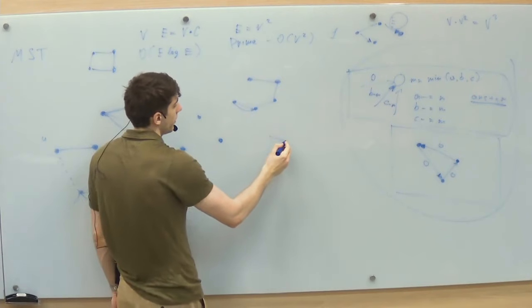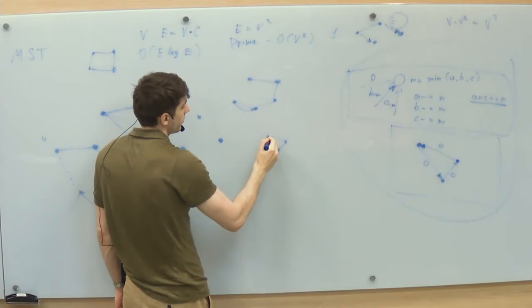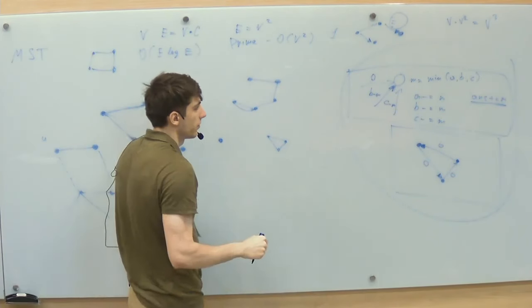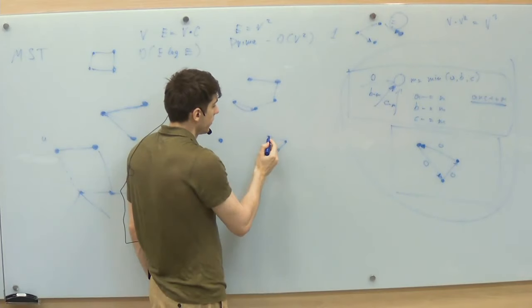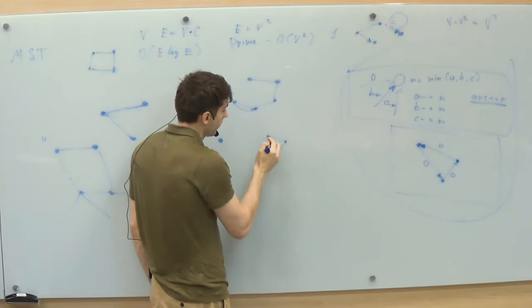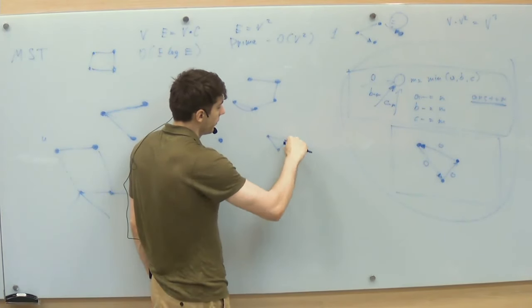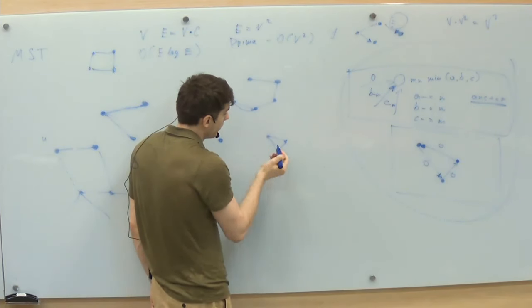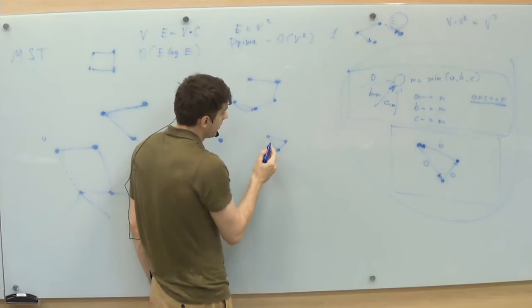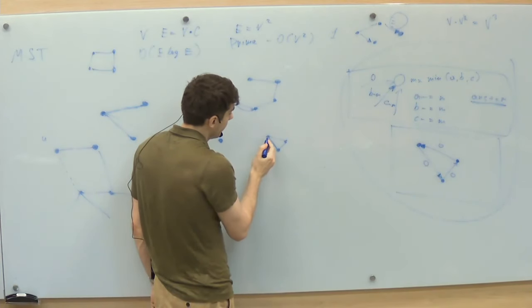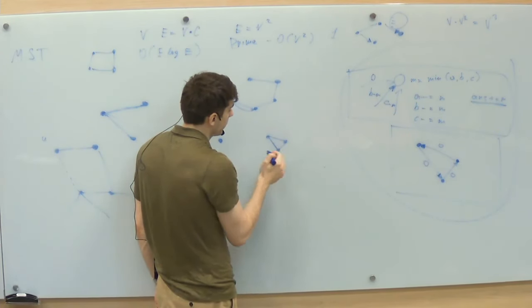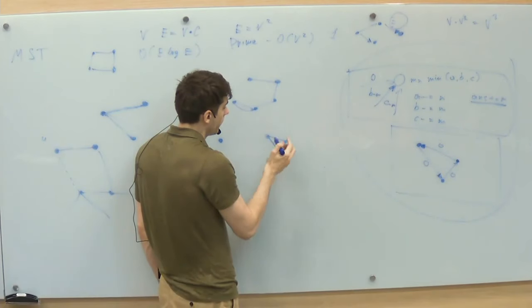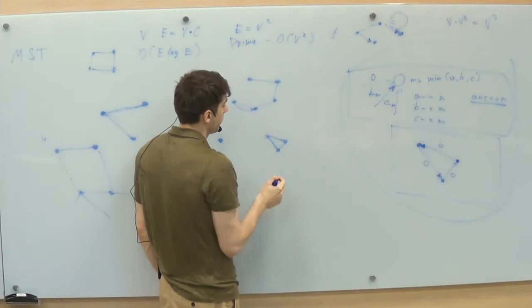There will not be any larger cycles, because it's not possible that this edge is the minimum for this one, this edge has an even smaller weight, this even smaller, and it appears that this edge has a smaller weight than the first one, but we picked this edge as the first step.